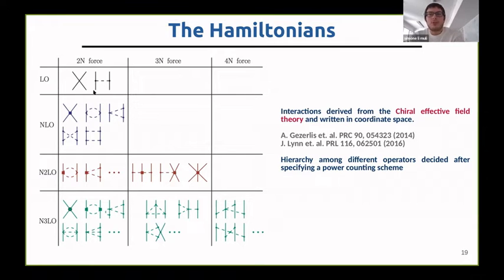Their contributions to all the possible nuclear observables are expected to be more important than all the others, and their contribution is expected to be more important than the next to leading order operators, whose contribution in turn is expected to be more important than the next leading order operators, and so on.